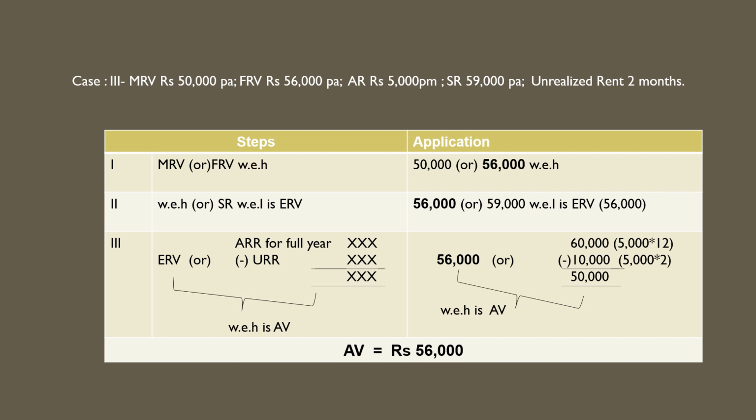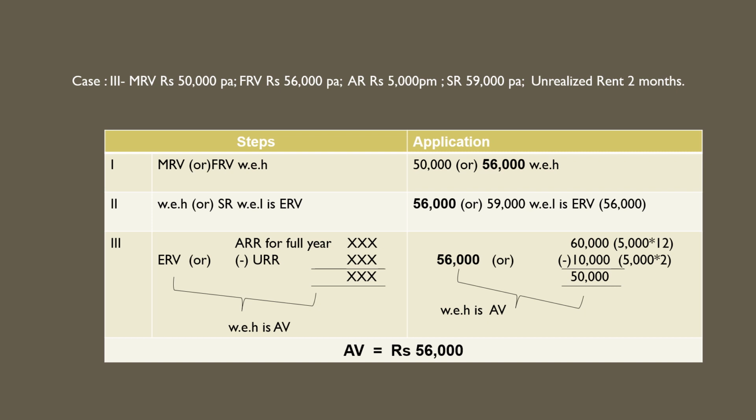But there is a change in the step 3, which is you need to find what is the ERV, that is here it is 56,000, and then compare it with the ARR minus the URR, which comes to 50,000. After this, you need to compare and find out the ARV.